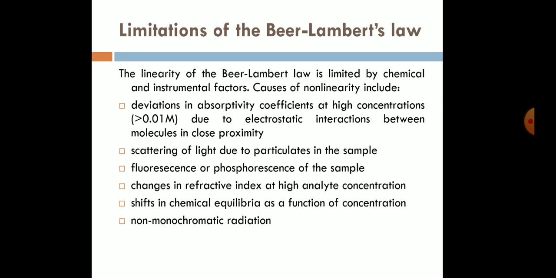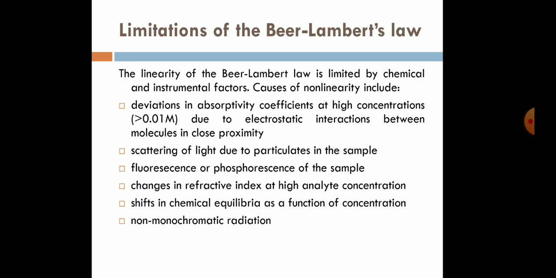Number 1, the deviations in absorptivity coefficients at high concentration. If the concentration is higher than 0.01 M, then the linearity of the Lambert-Beer graph is not obtained, and it is due to the electrostatic interactions between the molecules which are in close proximity.